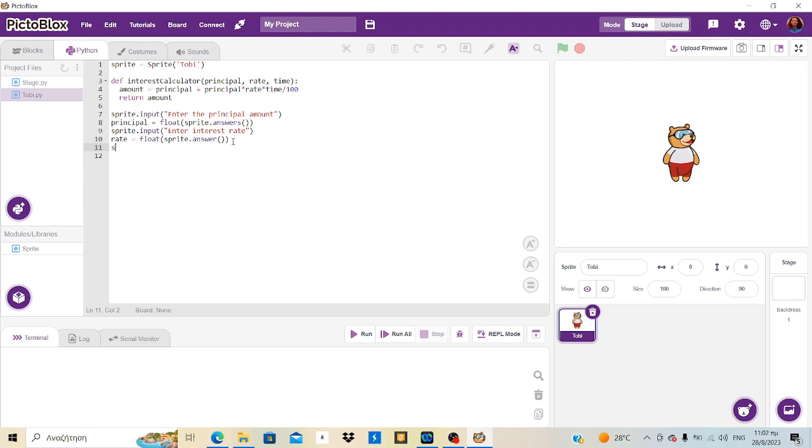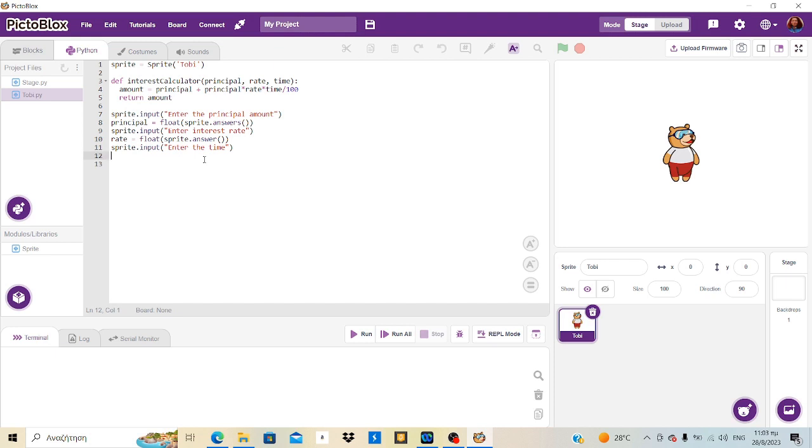And the third sprite input function is enter the time, meaning the period, like years, like months, that we have already taken this loan.